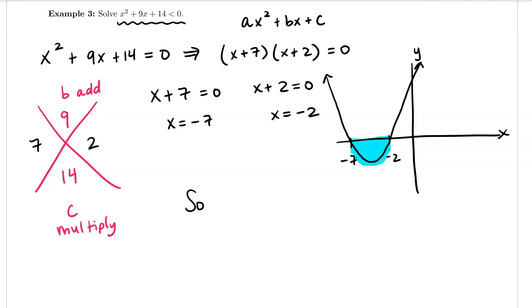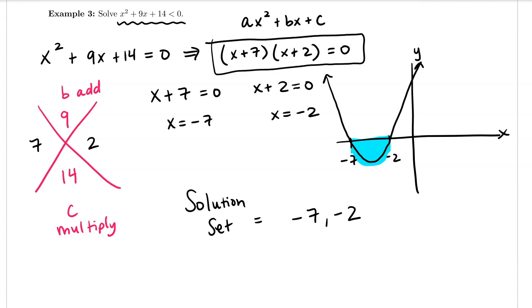So if I'm now coming to write my solution set, my endpoints for this interval are going to be -7 and -2. Now we need to decide, are -7 and -2 included in our interval? Well, I know based off this factored form here that if I plugged in -7 or -2 into my quadratic, it's going to make my output value 0.